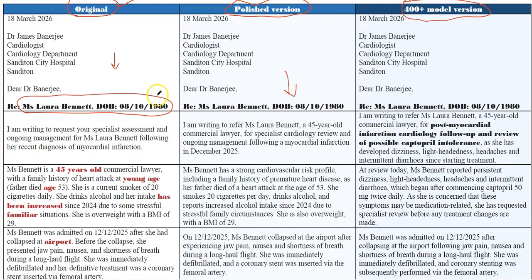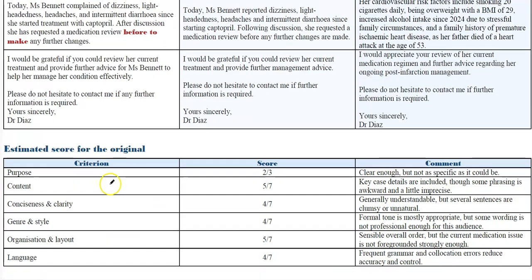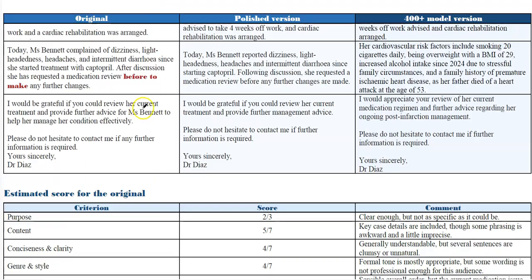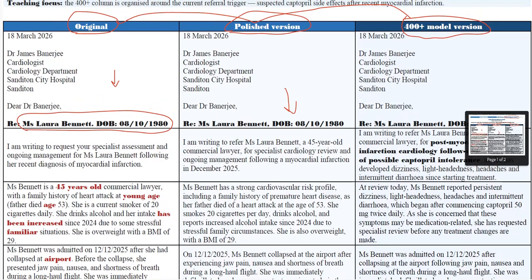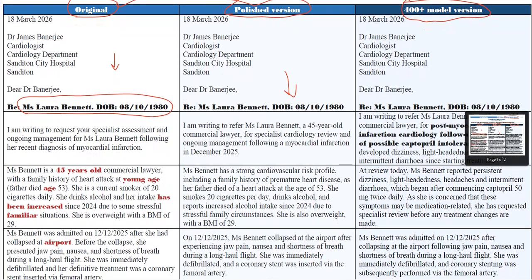This is the one about the, as it says, commercial lawyer went for a flight, had a heart attack, and the reason for the referral is to request a review of possible captopril intolerance. So that's the chief issue. That's the reason for writing, because of the side effects of captopril.